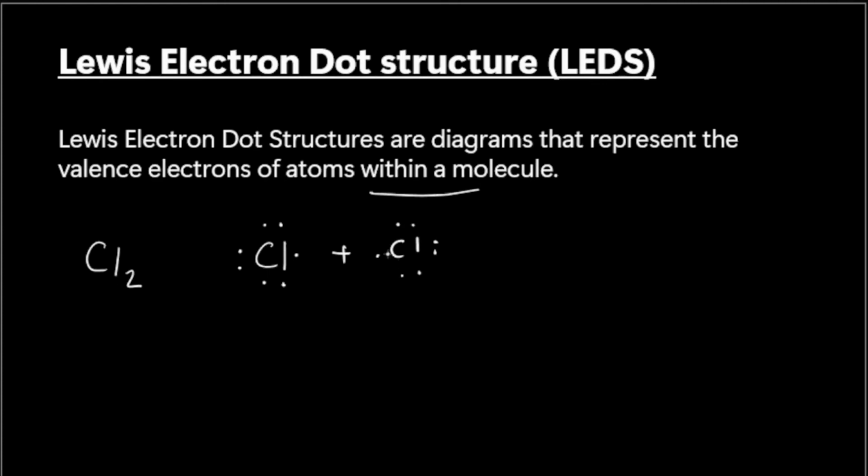Two chlorine atoms with 7 valence electrons share a pair of electrons and form a single covalent bond between them, forming a chlorine molecule. So the Lewis structure for the chlorine molecule can be written like this.